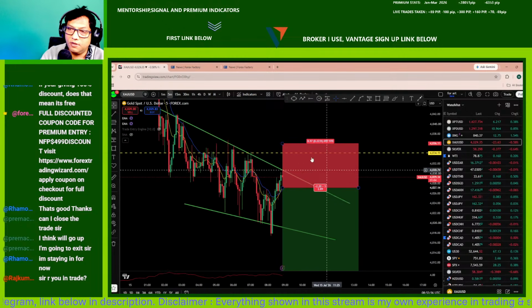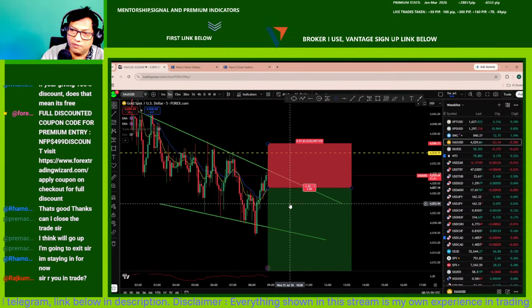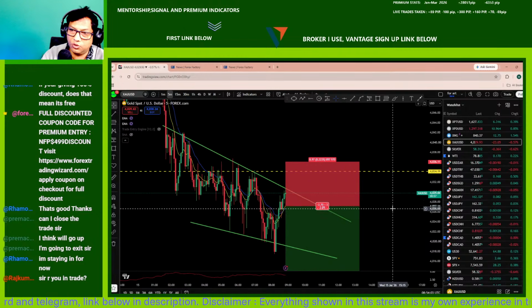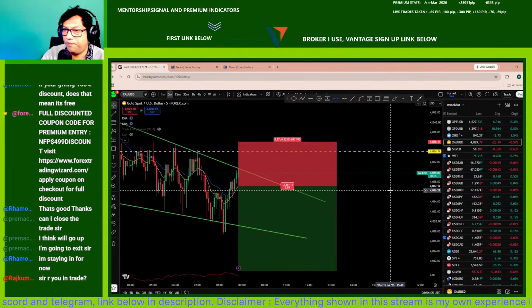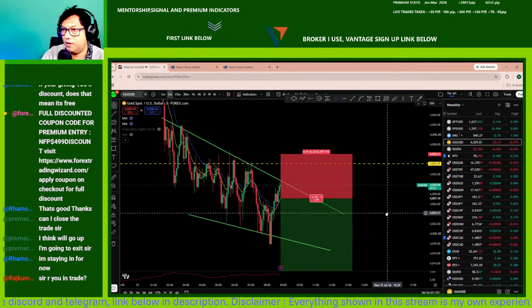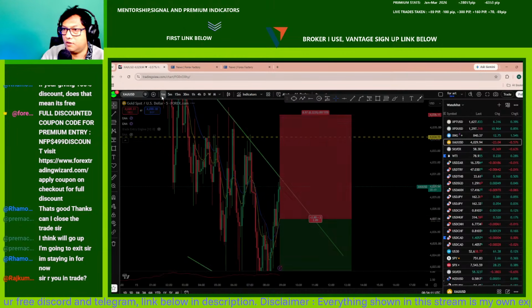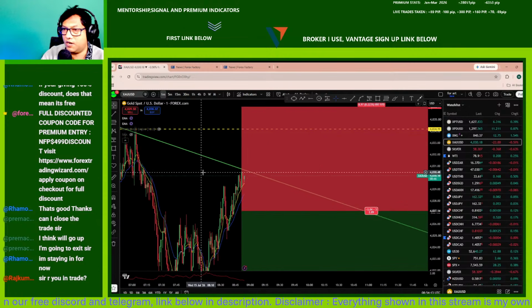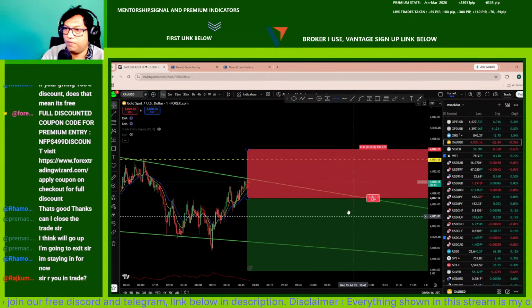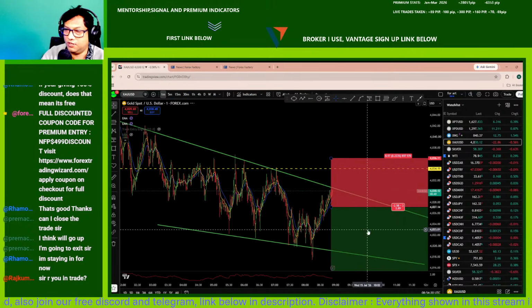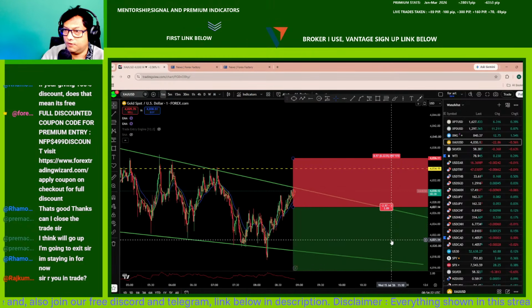Now at the moment you can see that the market has reached this zone where there is an order block, and once we see enough volume, that could bring the market back below again, waiting for this. So this is the trend line here that you can see of this.